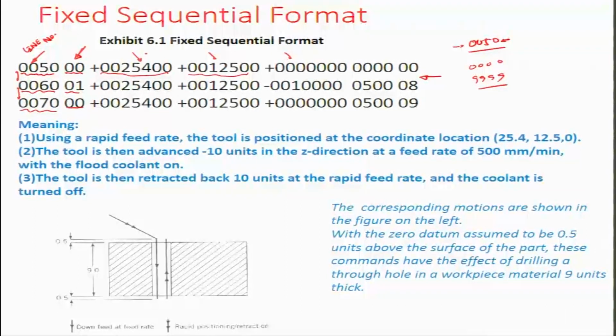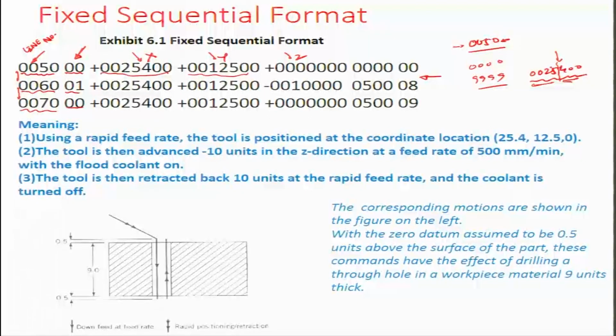These probably correspond to the different axes involved, and while representing this we can see that it's represented in a very peculiar manner, 0025400. So there are so many numbers to denote. Basically in this particular case it is giving the controller capability in terms of how many places there would be before the decimal and after the decimal.